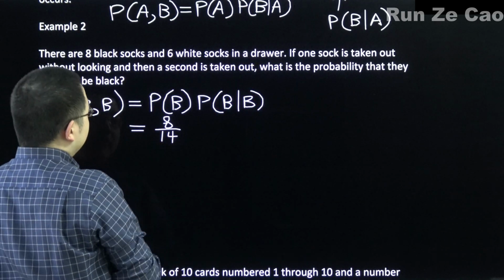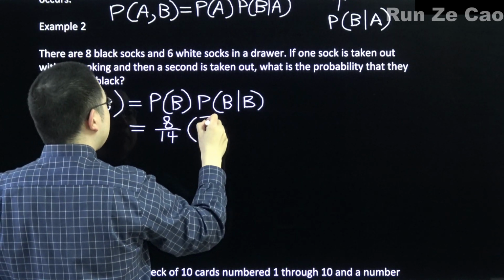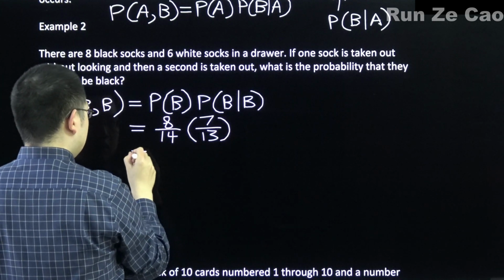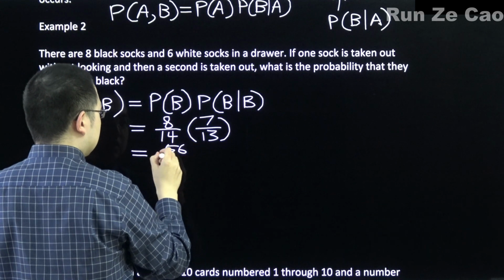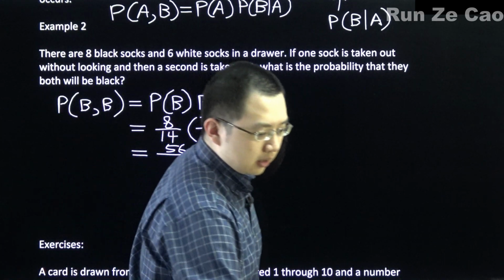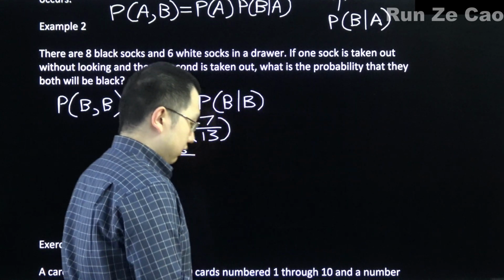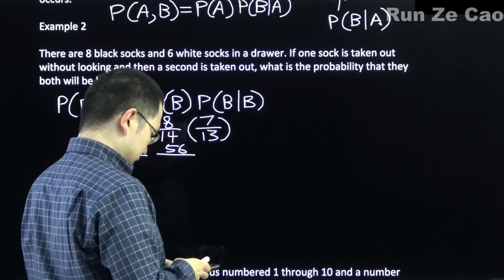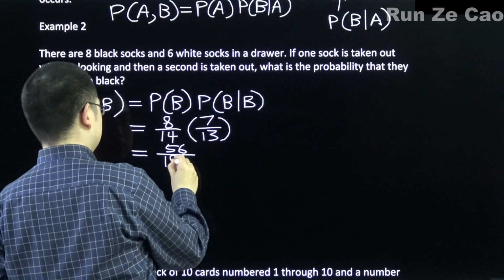So the probability of another black sock, given your first one is black, is 7 black socks left out of 13 socks left. Okay, so 7 by 8 is 56, and this is over 13 by 14, which is 182.